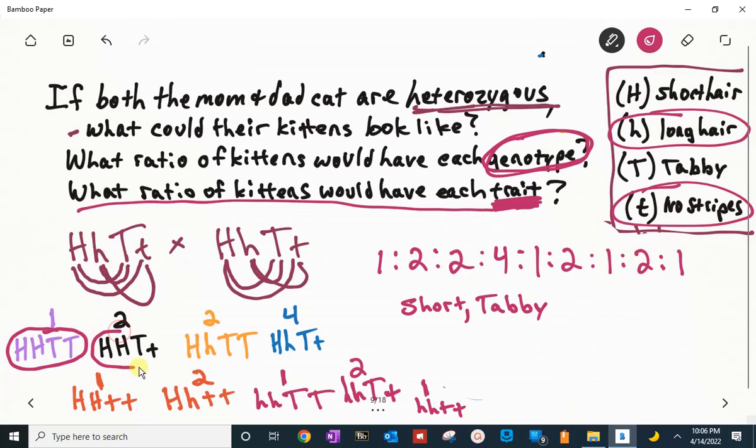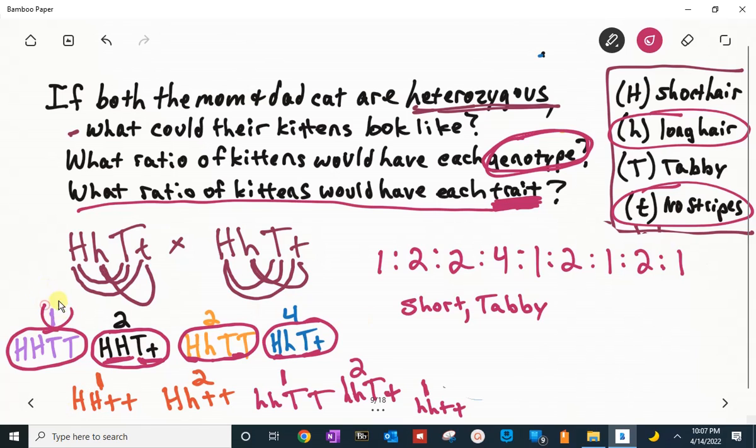This next one is also going to have short hair and tabby because they have this dominant T. The next one is going to have short hair and tabby, and the next one is also short hair and tabby.